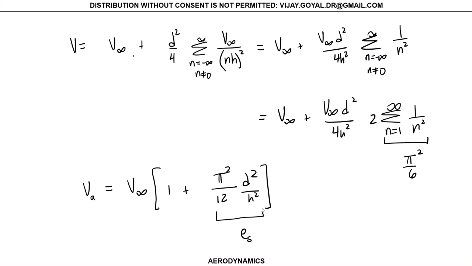In the most general sense, this is a function of d and h, but also of V, because if you multiply all the terms, it becomes V infinite multiplied by this term right here. This summarizes and concludes example number 2 on flow around cylinders, also using what happens in wind tunnel testing.